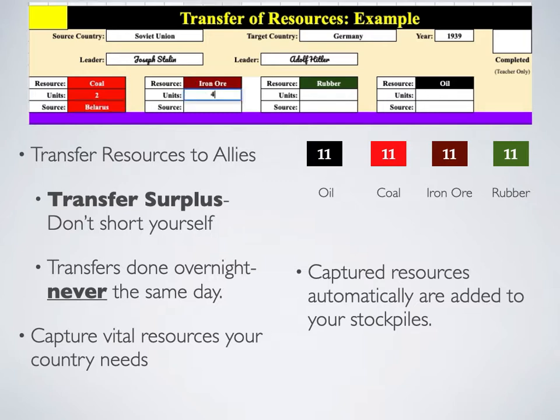We're going to go 4 credits of iron ore, and that's coming from the Urals. There's obviously no rubber in Russia. We're going to have 4.5 credits of oil, and that is going to be coming from the Caucasus.